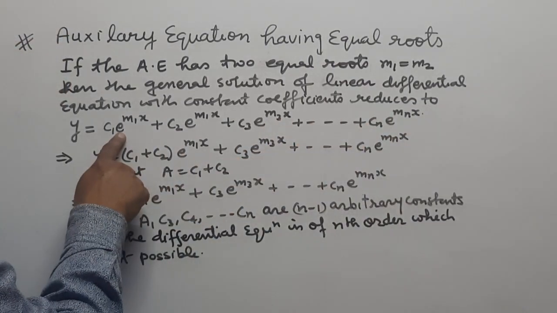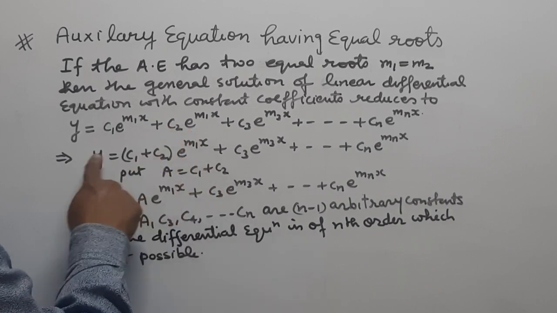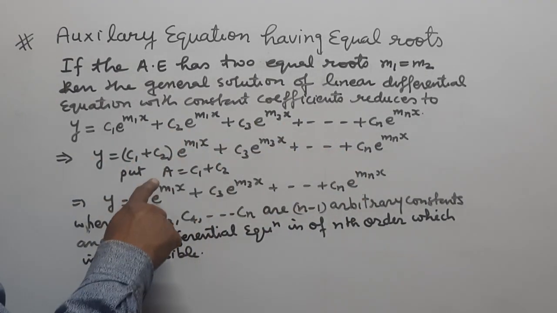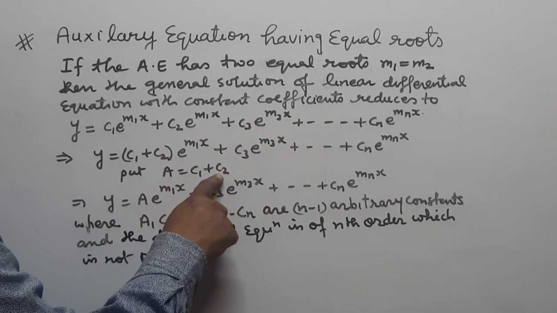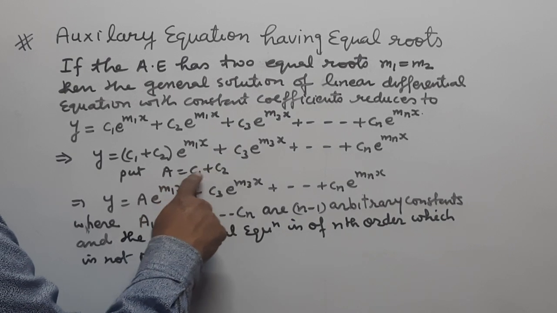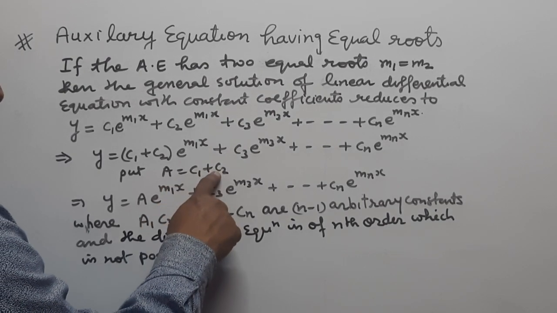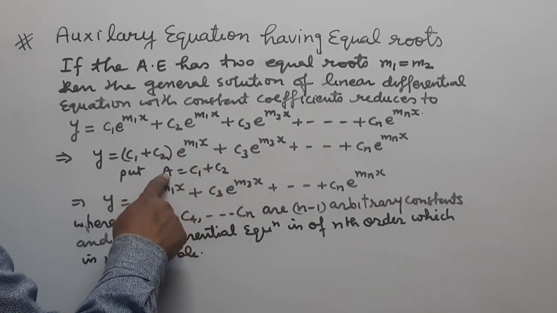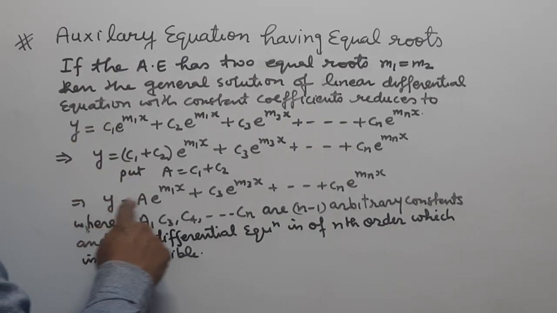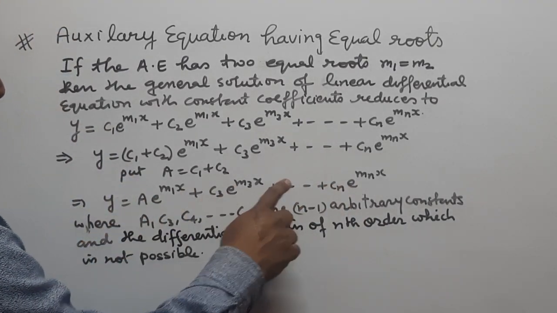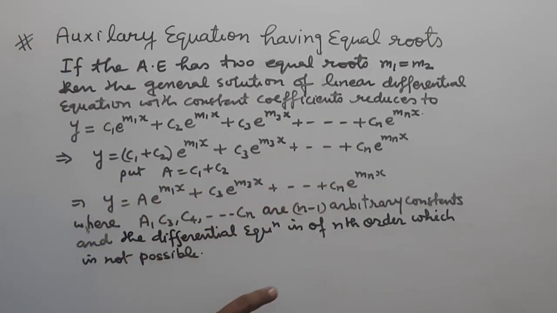Now we take e to the power m1x common, and this can be written as this one. Now put A is equal to C1 plus C2, because C1 and C2 both are constants, so C1 plus C2 is also a constant. This is equal to A, suppose. So this is the general solution of the nth order linear differential equation with constant coefficients.